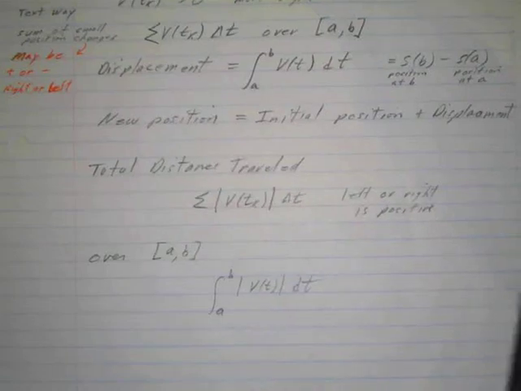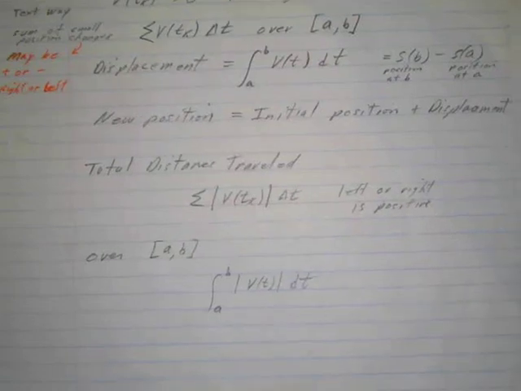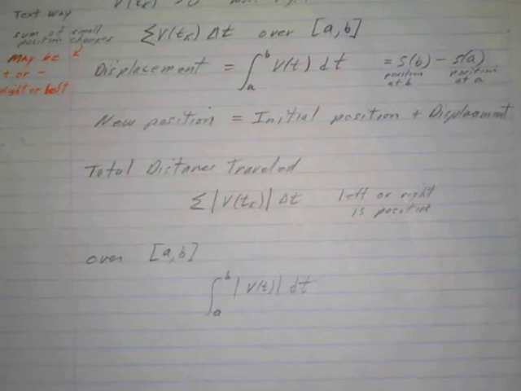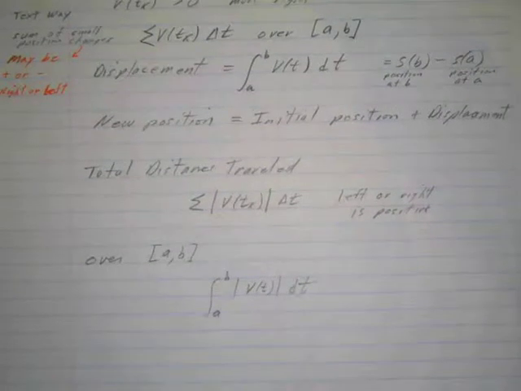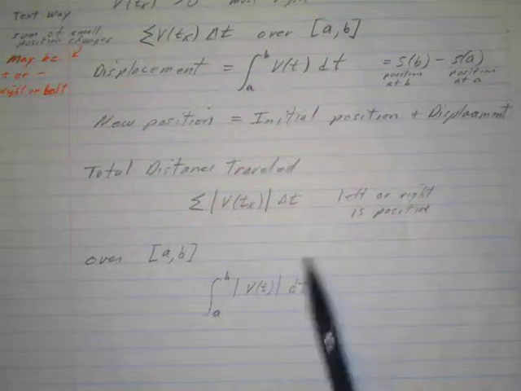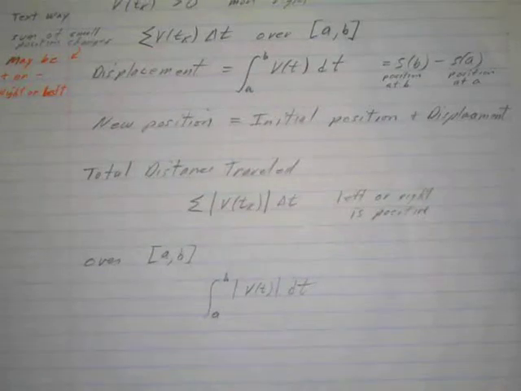But you really have traveled something. So that's why we have to take the absolute value of the integral, because we're going to get the actual value. And this is kind of like area between the curve and the x-axis. If it's below, it's negative, and if it's above, it's positive. But we actually do have area there. So we have to be aware of what's going on.